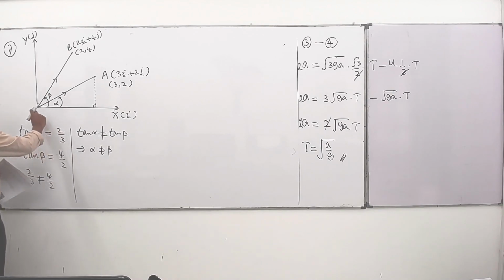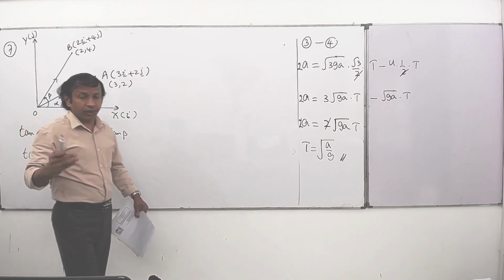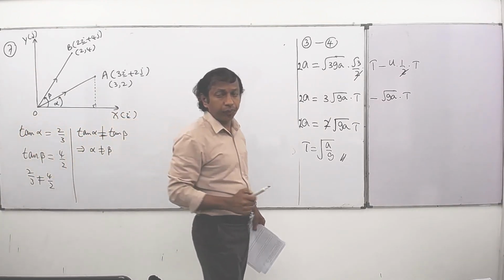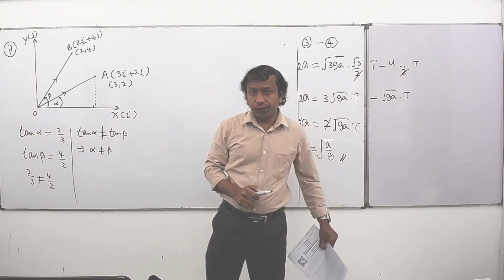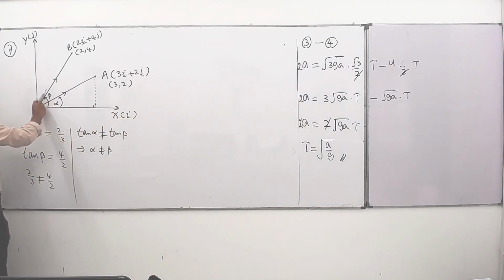Right? For O, A and B to be collinear, collinear means the three points should be on the same line, no? For them to be on the same line, this line OB should come onto this OA. Then only will O, B, A be collinear. For that, beta and alpha must be equal.